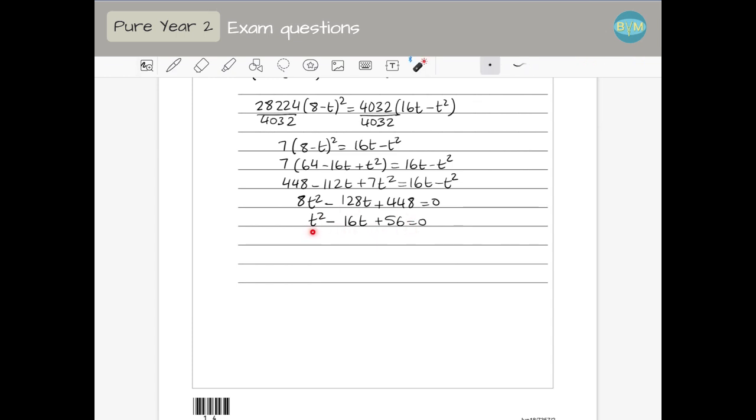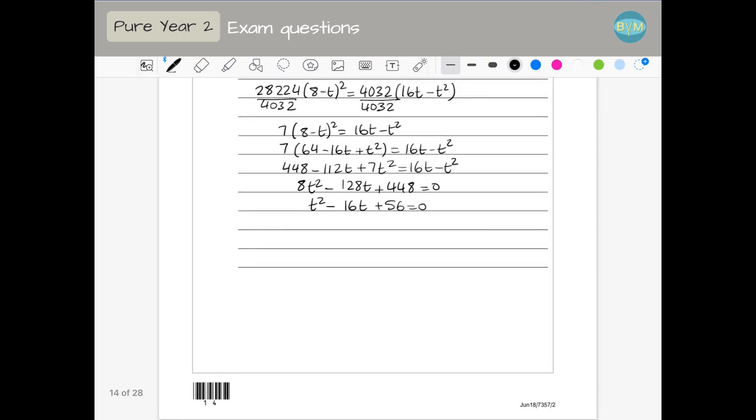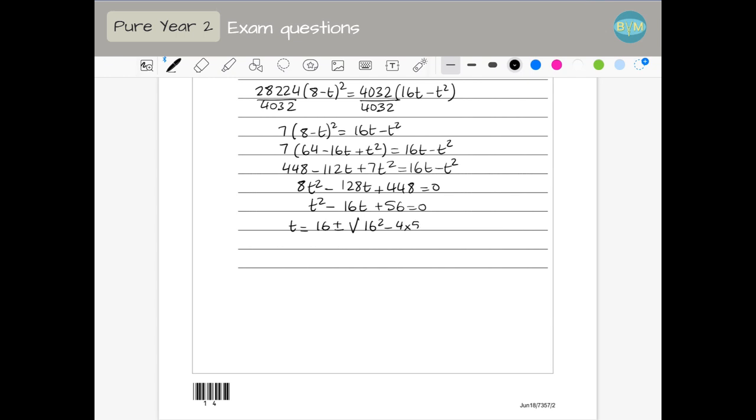This is not easy to factorize, so we are going to use the quadratic formula. I could use the calculator straight away, but write the quadratic formula so you have some working out. So t is going to be minus b, so 16, plus or minus the square root of b squared, 16 squared, minus 4 times 56 times 1, divided by 2a, which is 2.